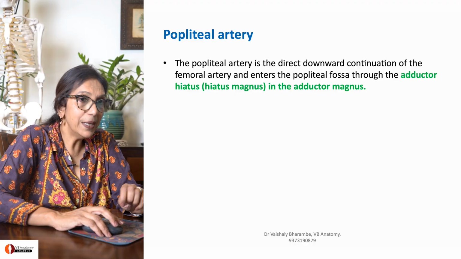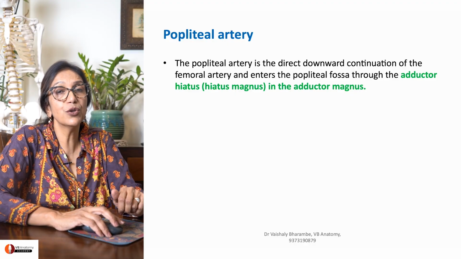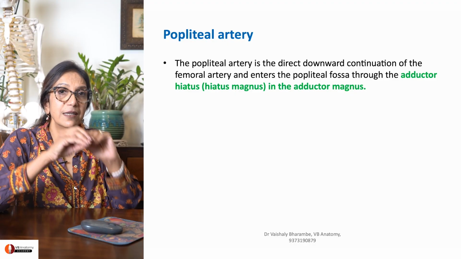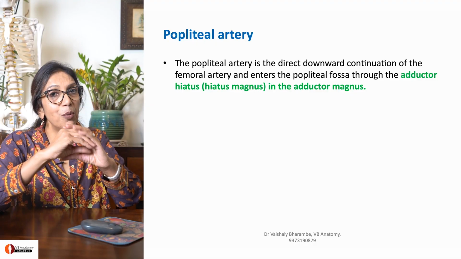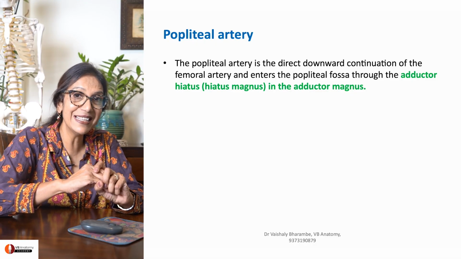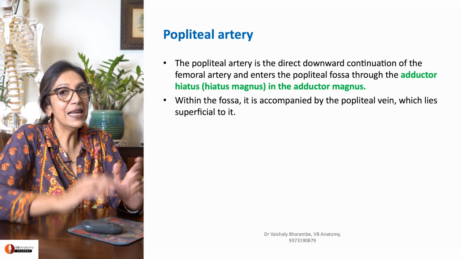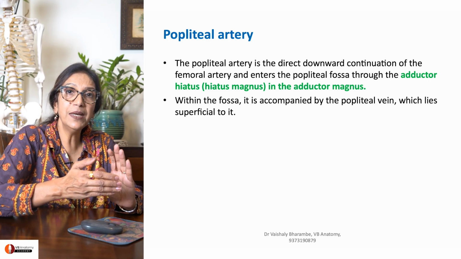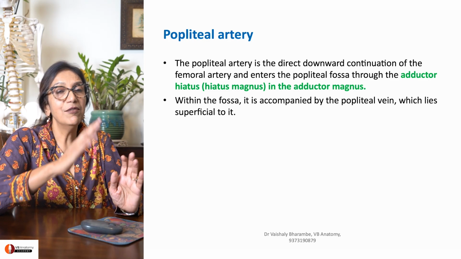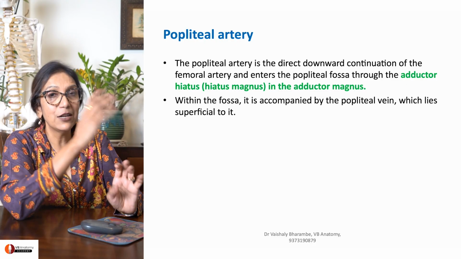Right. So popliteal artery is a downward continuation of femoral artery which enters into the popliteal fossa through an opening in adductor magnus called the hiatus magnus. Very nice. It's in the fossa. It is accompanied by popliteal vein which at this moment lies lateral to it.